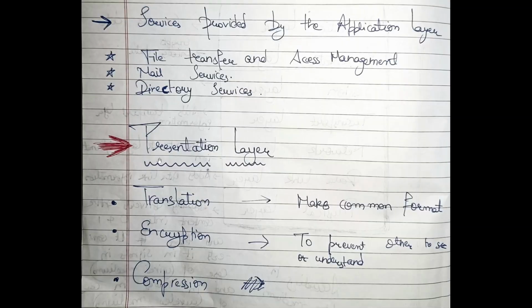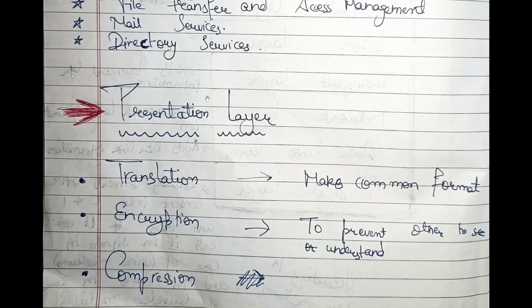Then presentation layer. Presentation layer basically does translation, makes the common format. Suppose you are talking in English and your friend is talking in Hindi. The other one does not know your language and you somehow do not know his language. Now can there be a communication?